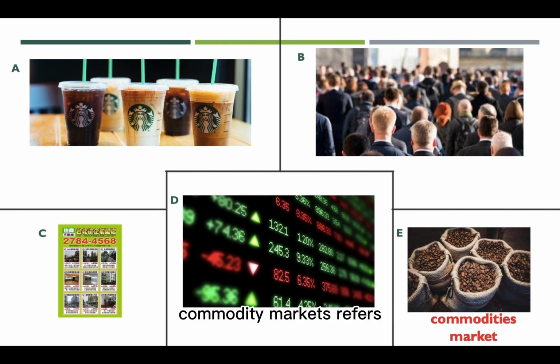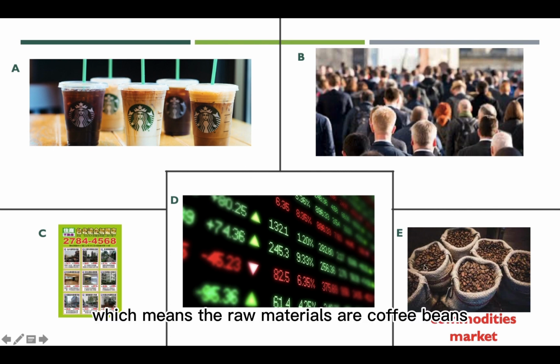A commodity market refers to a market that sells raw materials. For example, the drinks we enjoy in Starbucks all come from coffee beans. So the drinks are from coffee beans, which means the raw materials are coffee beans.